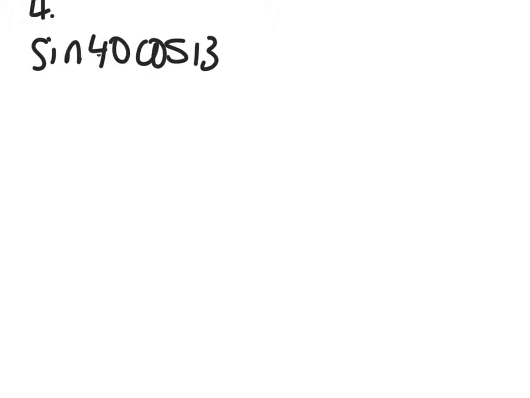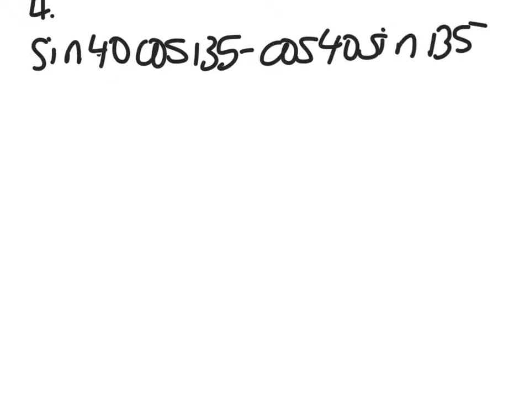Next, I want to write an expression for, oops, this is example 4, for sine of 40 cosine 135 minus cosine 40 sine 135 as the sine, cosine, or tangent of an angle. So really all you have to do is look at it and figure out which of these patterns it is.